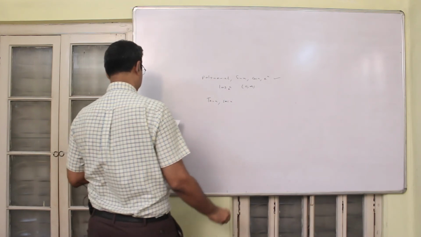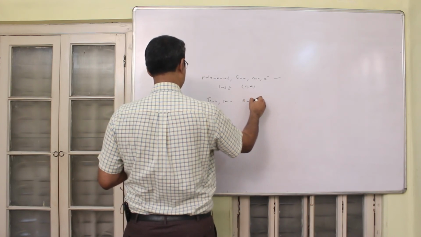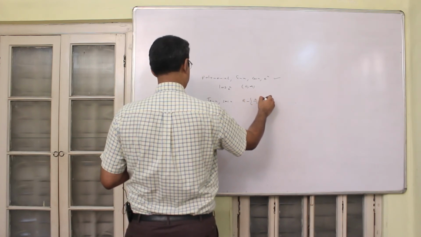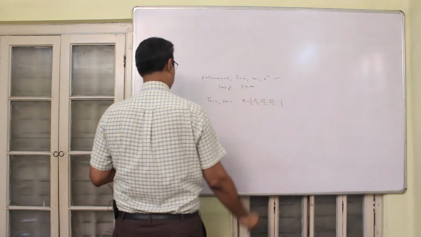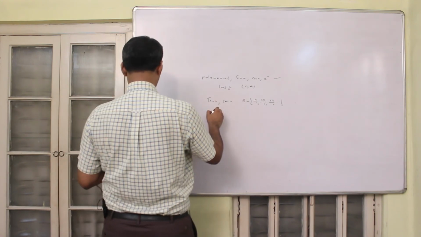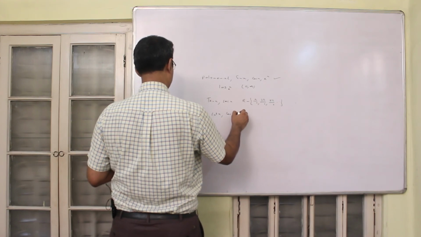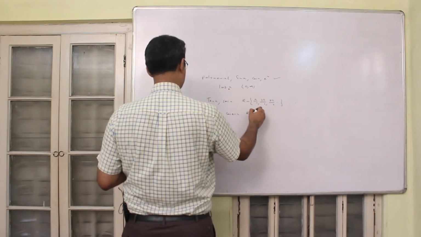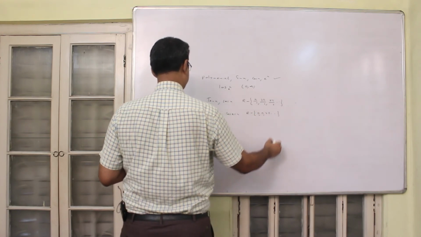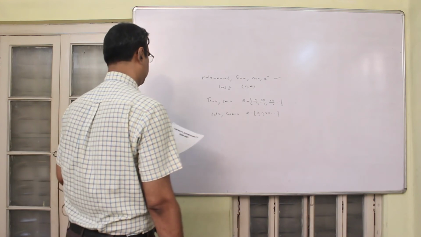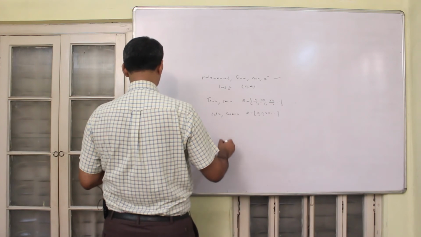Then tan x and sec x are continuous and differentiable everywhere except odd multiples of 90. Cot x and cosec x are differentiable everywhere except multiples of 180.